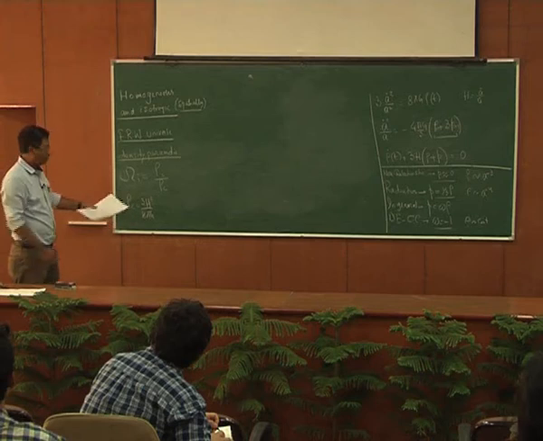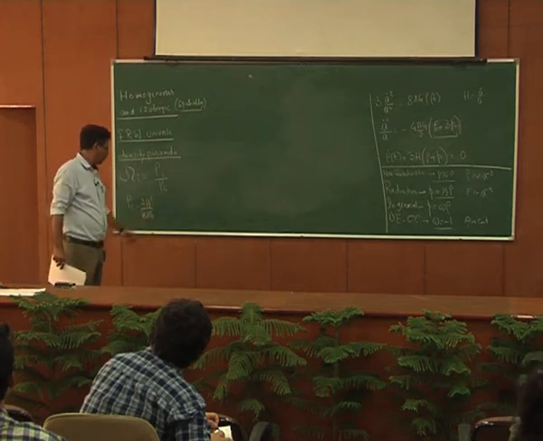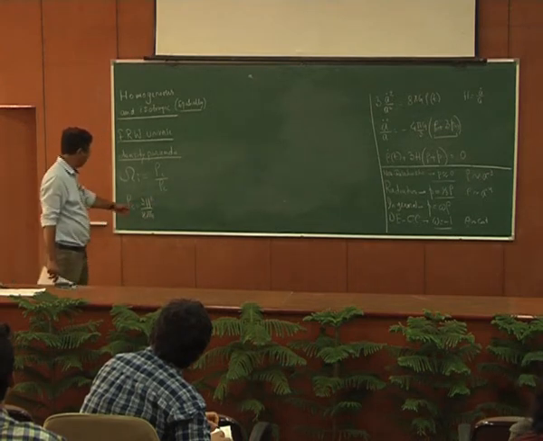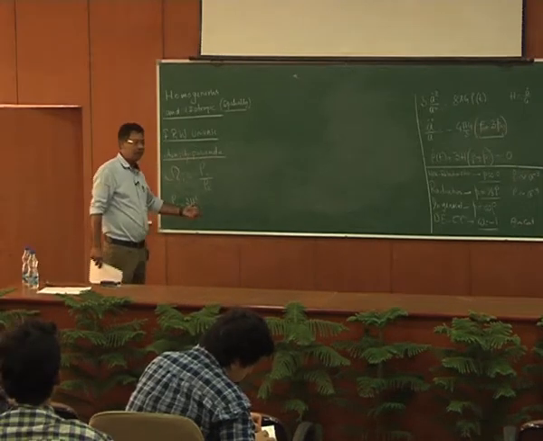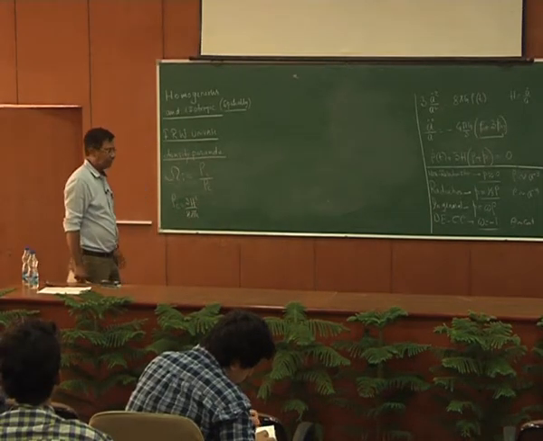Today this value, if you put H naught around 70 kilometer per second per megaparsec, and the G value, is roughly 10 to the power minus 29 gram per cc, something like that.